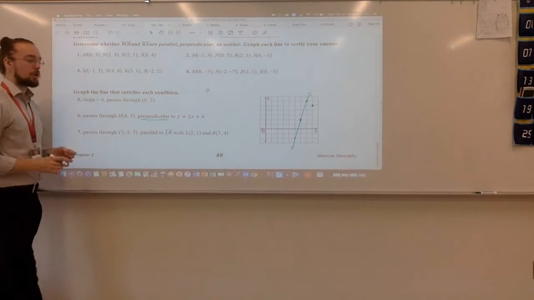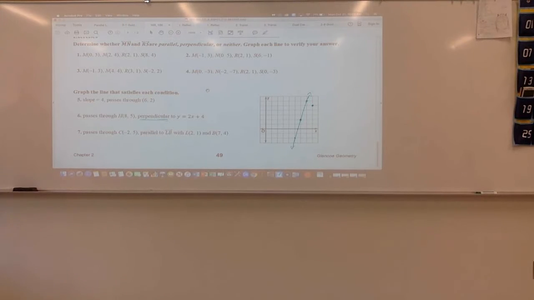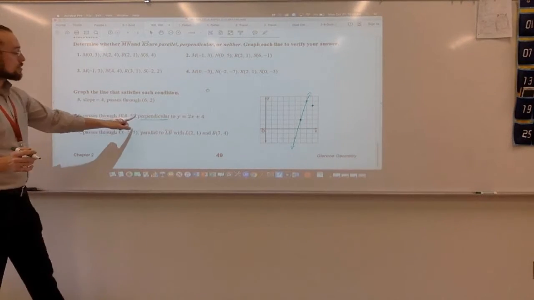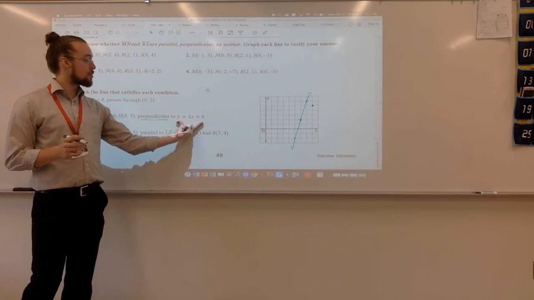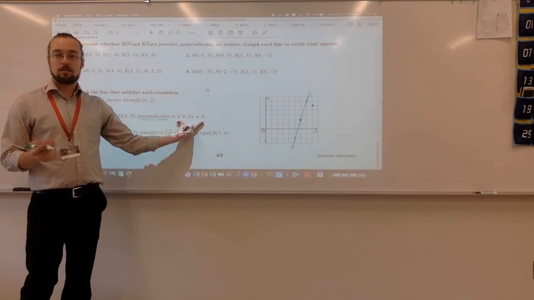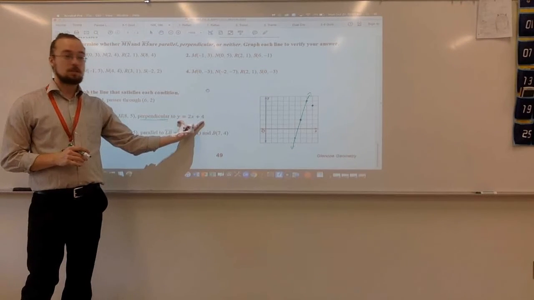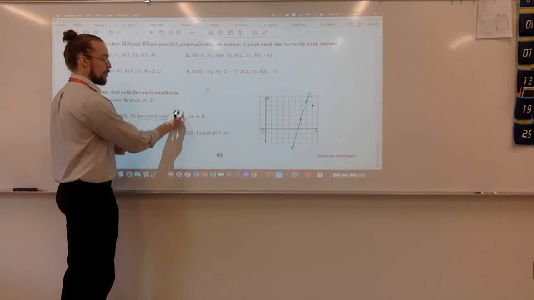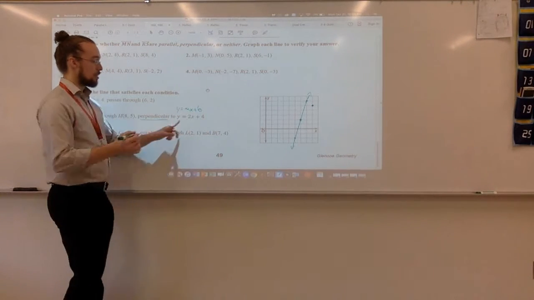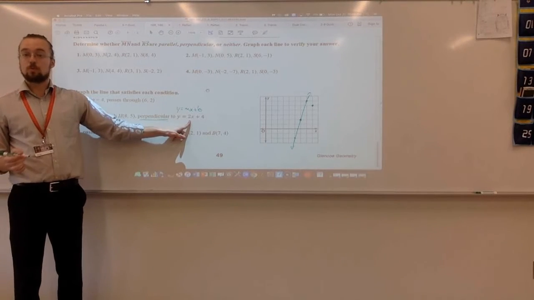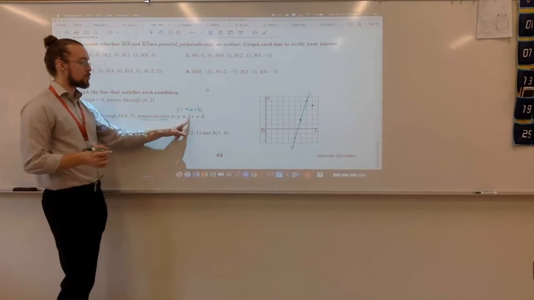If two lines are perpendicular, what's the relationship between their slopes? Opposite reciprocals. So I want to have the opposite reciprocal slope of this line. Well, what's the slope of this line? If we think about y equals mx plus b, the slope is 2, right? So the slope of this line is 2.